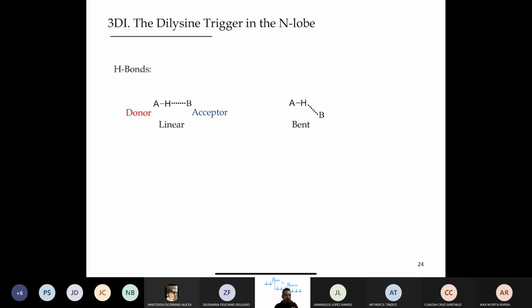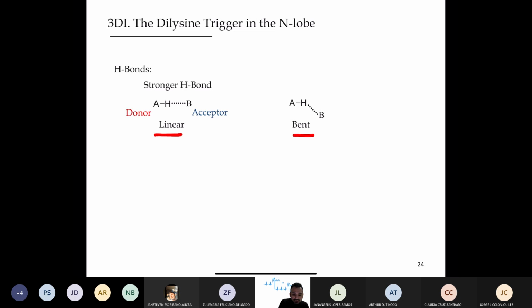So if we were to review a little bit about hydrogen bonds, we know that individual hydrogen bonds do not necessarily have a very high interaction in terms of energy, but in distinguishing between a linear versus a bent hydrogen bond, there is a difference in how strong that hydrogen bond is.